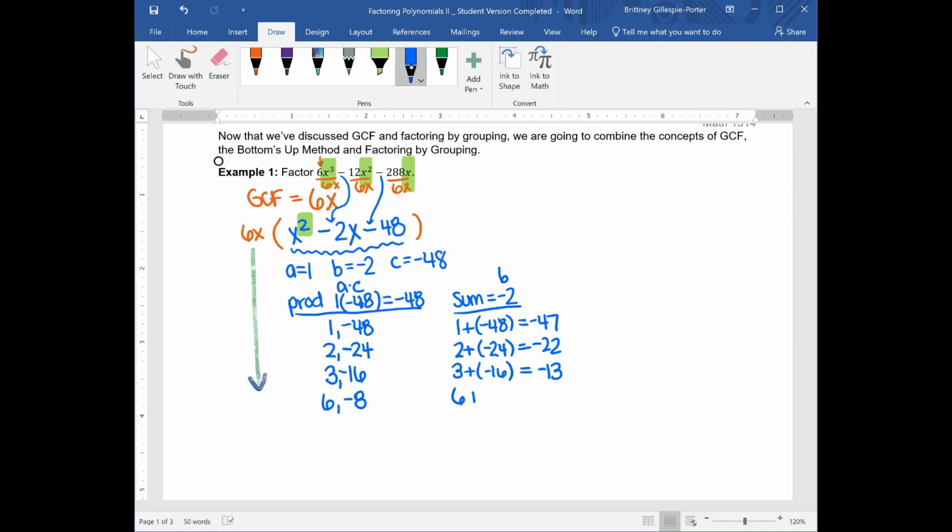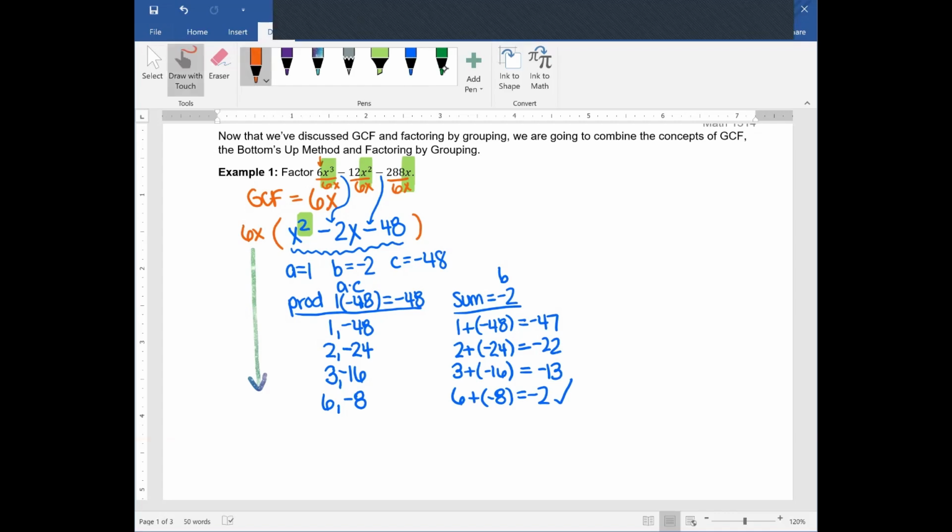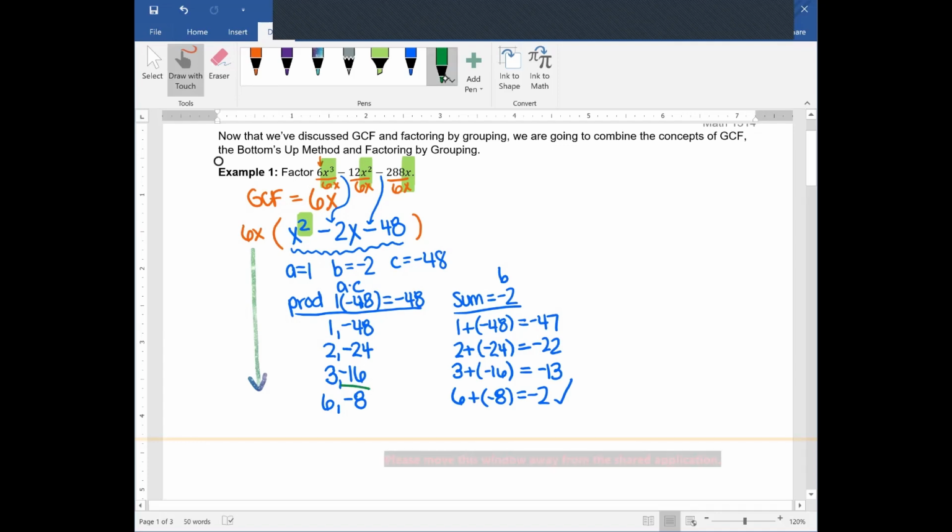And when we add 6 and negative 8, we get the negative 2 for which we were looking, which means that we found our magic numbers. Magic numbers of 6 and negative 8.